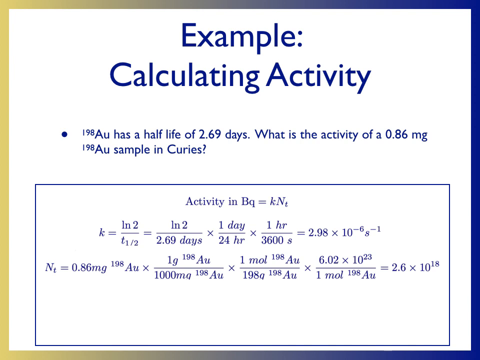Now that we've converted to moles of gold-198, we want to convert to the number of nuclei, which can be done by multiplying by Avogadro's number, which is 6.02 times 10 to the 23rd per mole of gold-198.